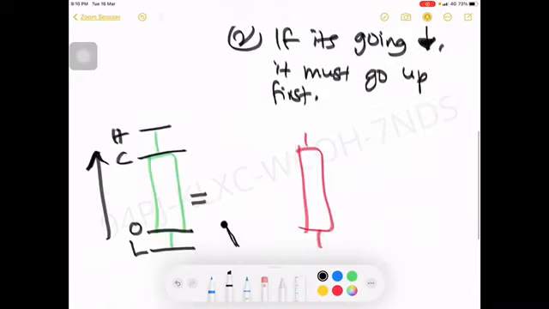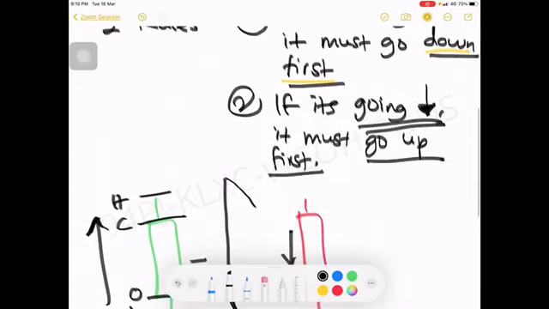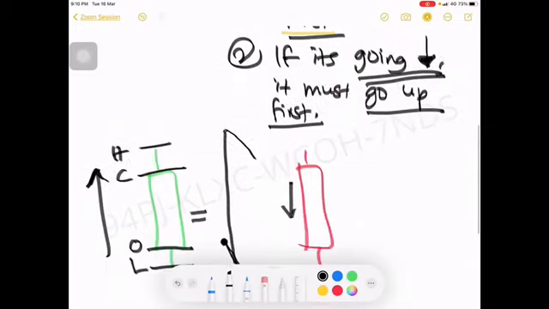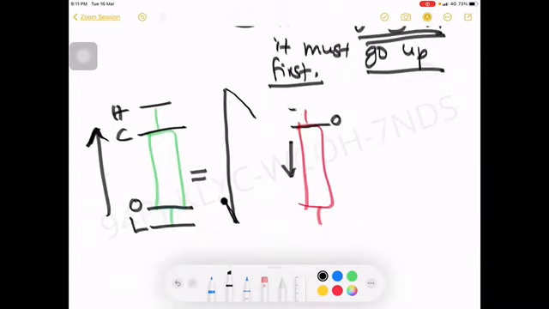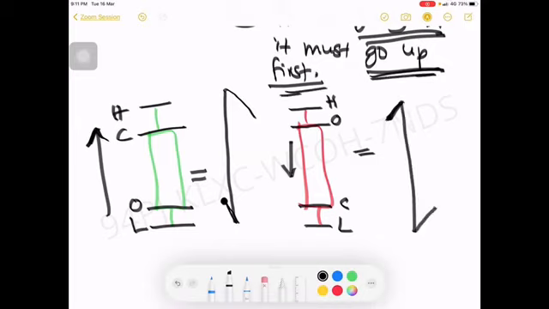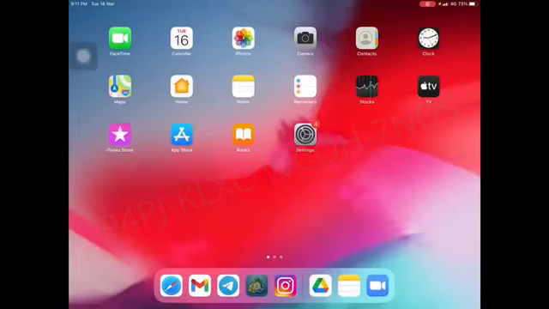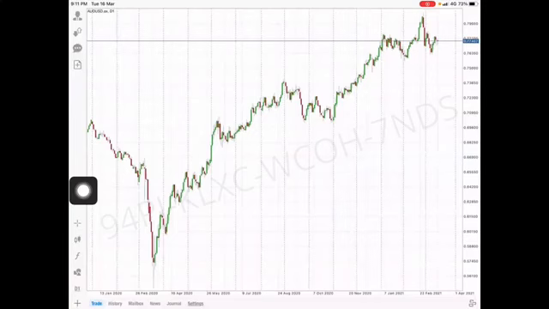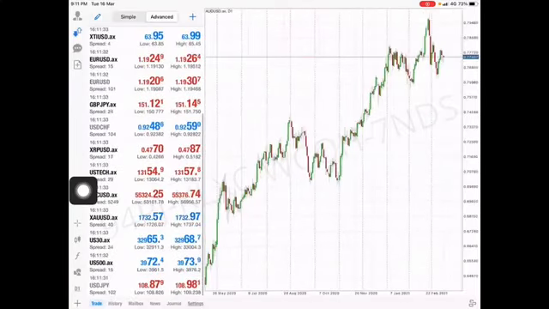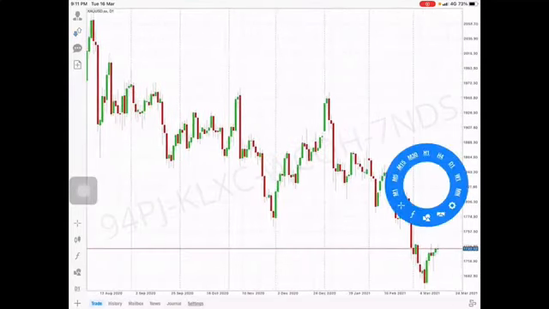Remember, it has to go down first, down to the low, going up to the high, and then close. For the other case, the opening will be here, and it needs to go up first, remember, and then to the low and close.